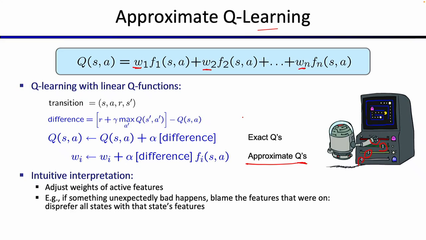Okay, let's see some intuition for this. So if something bad unexpectedly happens, what does this mean?